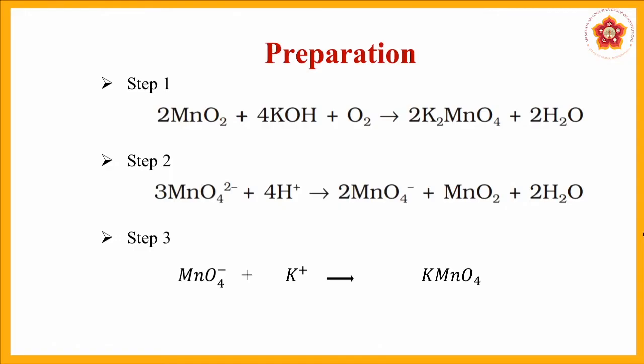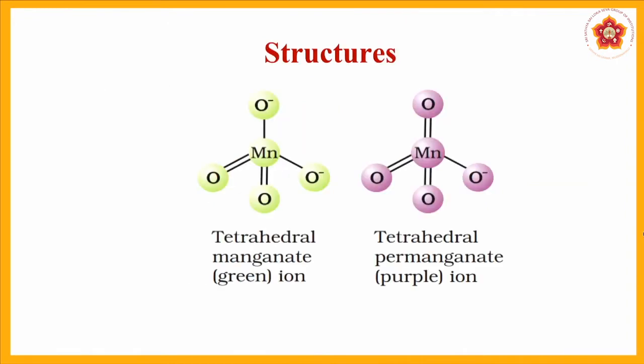But what is important here to know is that this conversion of MnO4 2 minus to the 1 minus condition involves electrolytic methods. Let us also see the structure of these compounds, where both of them are seen to be tetrahedral in nature, but the color of the compound does change.